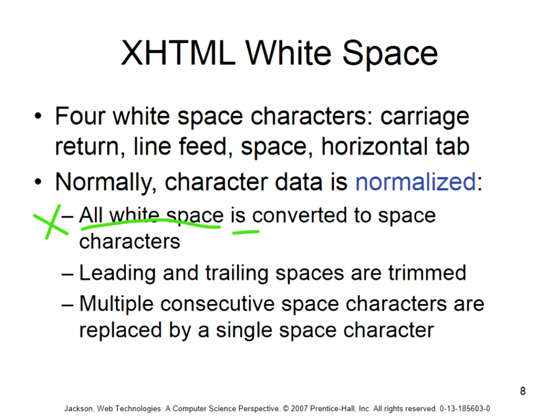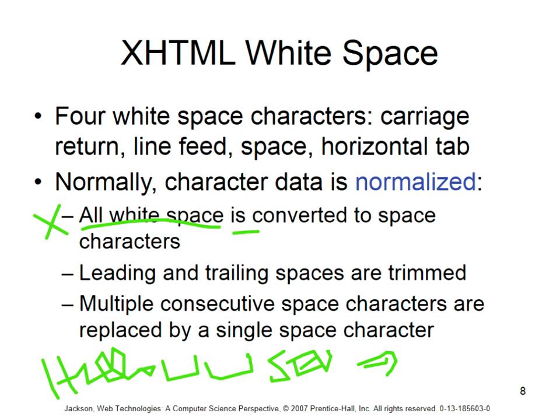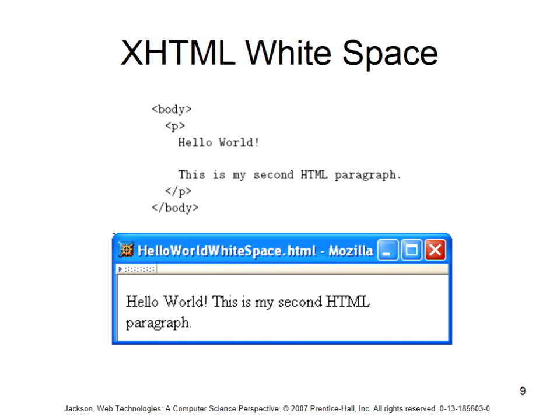If I write, for example, hello, after that a double space, SEU, in the browser we will find only one space, not two. Multiple consecutive space characters are replaced by a single space character. So this is an example.